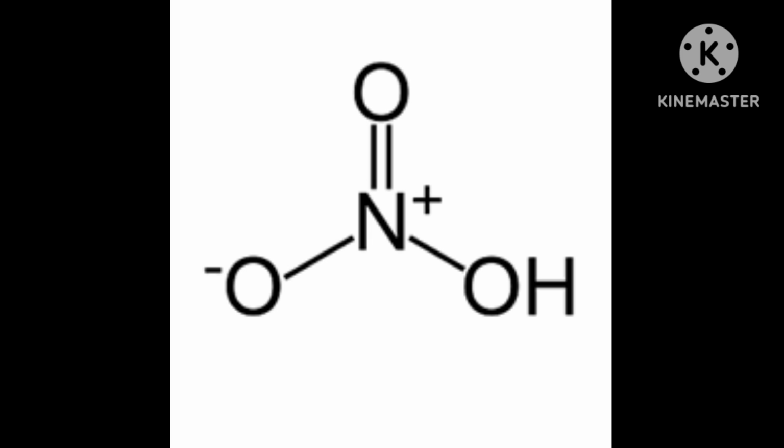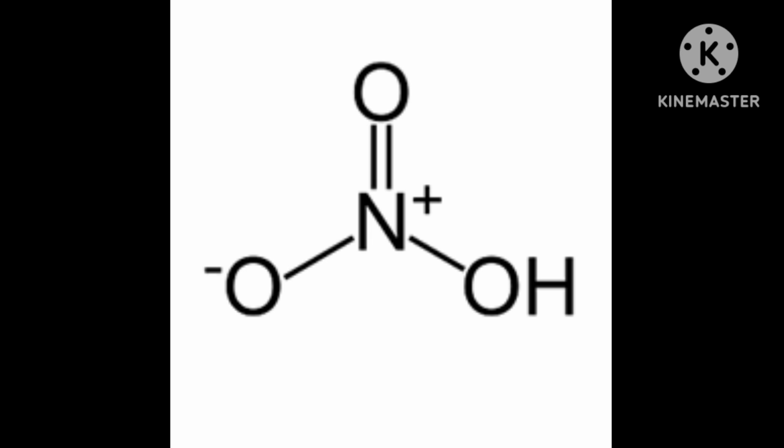And in the third step, NO2 and H2O both will react, and then you will get two products. The first product is HNO3, the nitric acid which you want actually. Your purpose is now fulfilled.